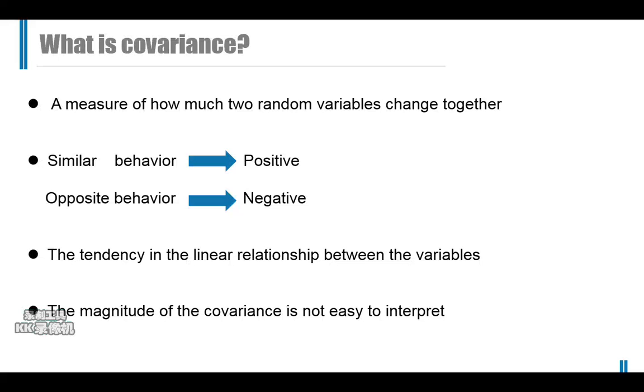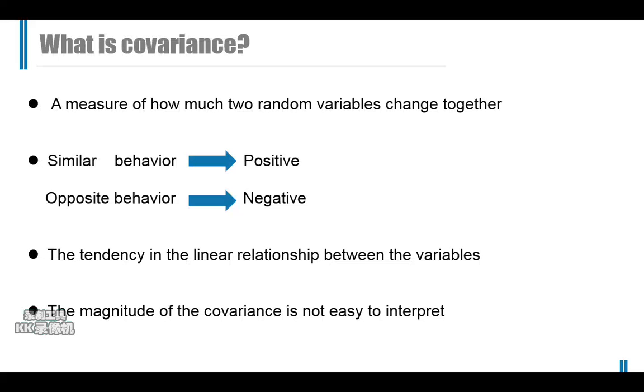In the opposite case, when the greater values of one variable mainly correspond to the smaller values of the other, the variables tend to show opposite behavior. The covariance is negative. The sign of the covariance therefore shows the tendency in the linear relationship between the variables.